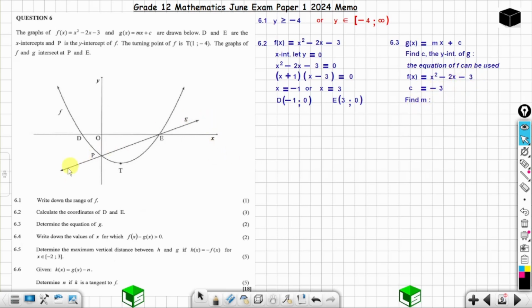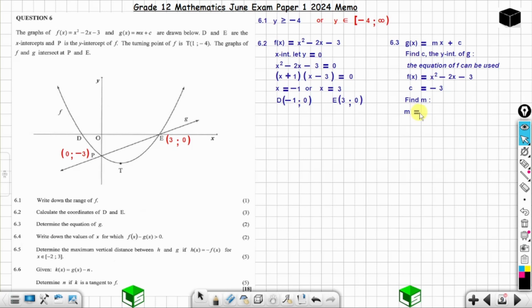You need any 2 points on the graph of g to find m. You have E, and you also have P. Remember, at the y-intercept, x is equal to 0. So you have 2 points that you can use to find m.